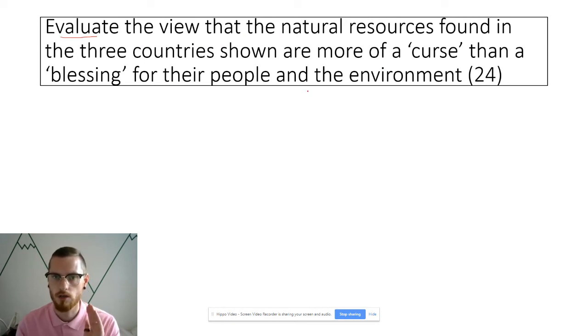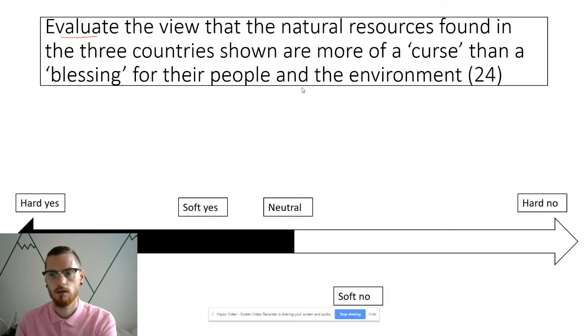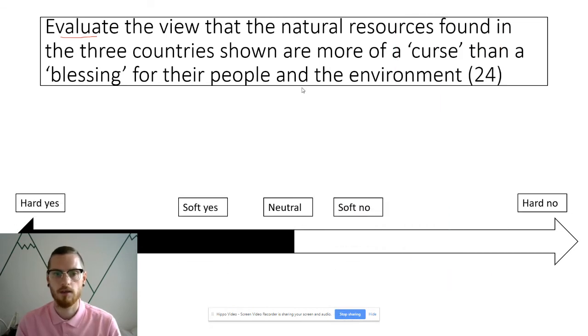It's not just curse, blessing, and all your points in curse and all your points in blessing are exactly the same weighting. Okay, we need to be more evaluative than that. Think of it as a spectrum. Again, the fact that curse versus blessing, it's not just black and white.